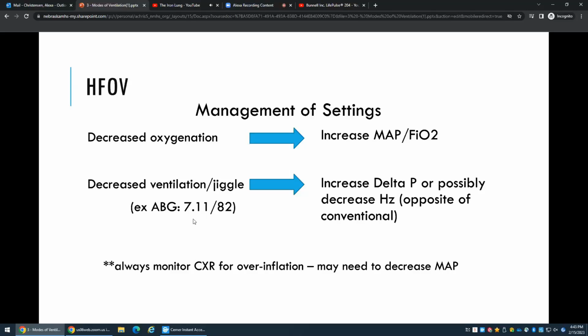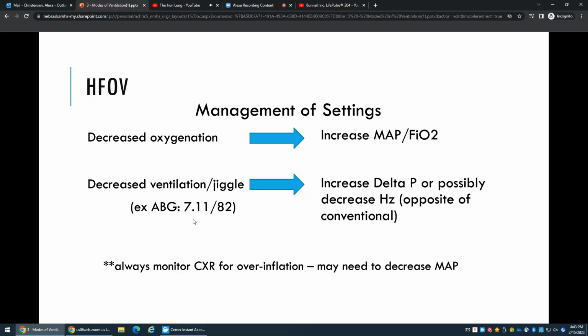It's the complete opposite of conventional ventilation. If you have bad gases on the Avea or the Draeger, we're going to increase our respiratory rate to blow off more CO2. But it is the opposite on the oscillator. It gives a longer exhalation time by decreasing the hertz so that the baby can blow off more CO2.